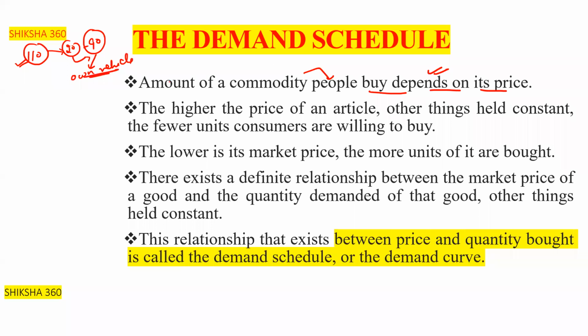Similarly it happens with any commodity. The higher the price of an article, other things held constant, the fewer units consumers are willing to buy, so people will buy less.